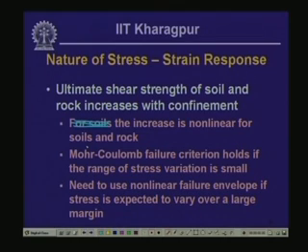So the Mohr-Coulomb failure criterion is going to hold only if the range of stress variation for that particular problem is relatively small. And if you are faced with a problem which involves variation of normal stress over a very large range, then you need to consider a curved nonlinear failure envelope.